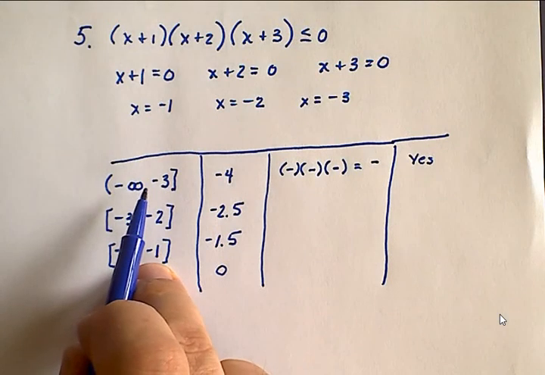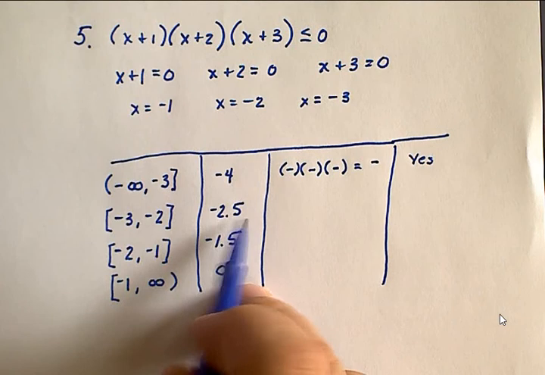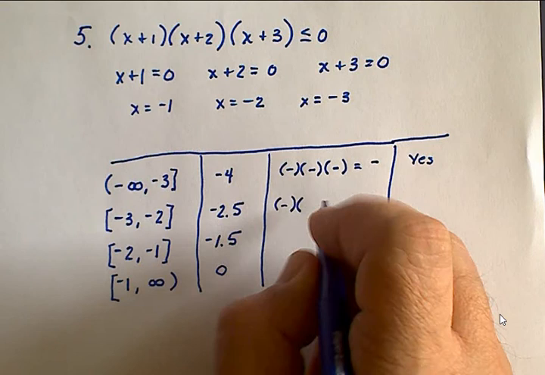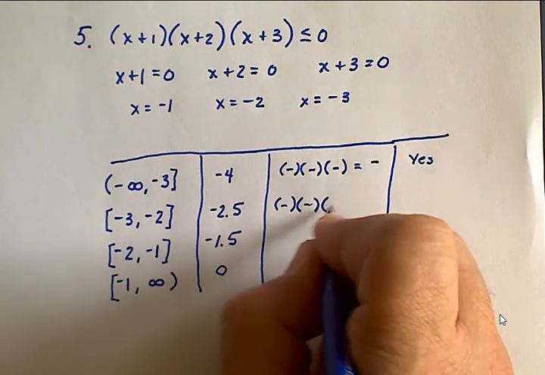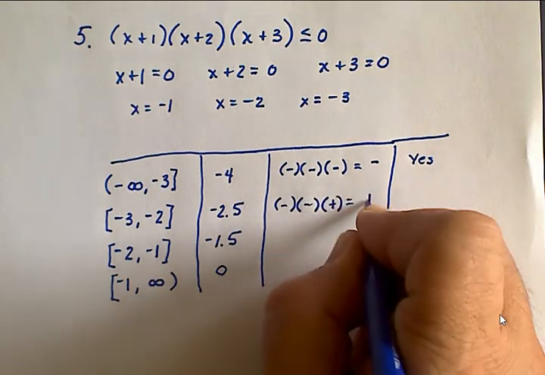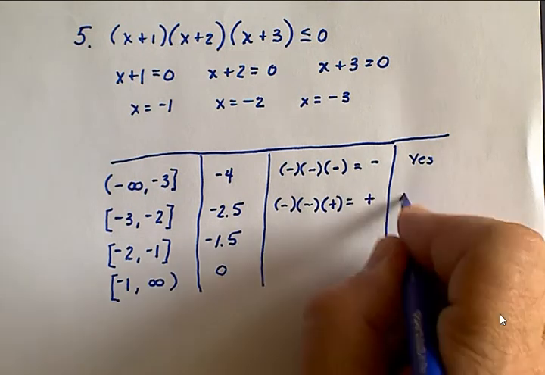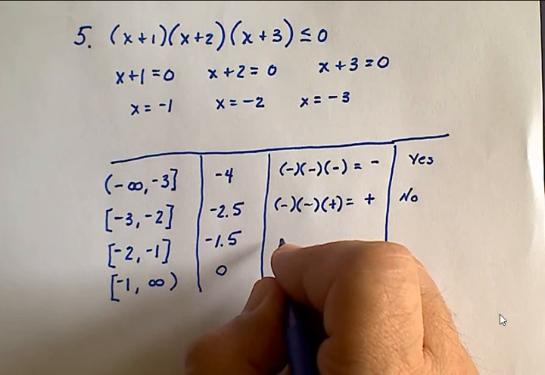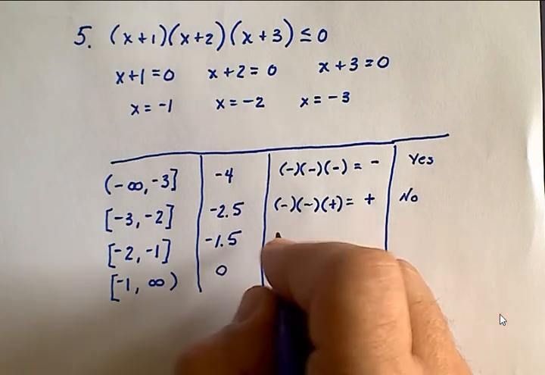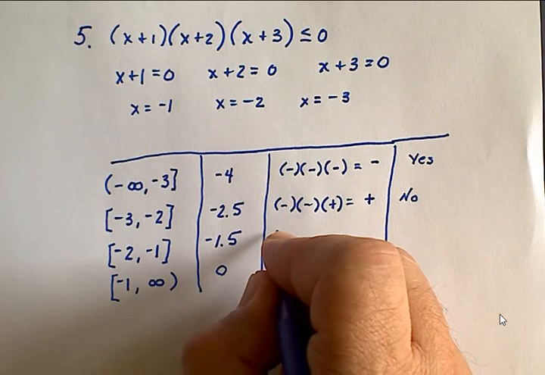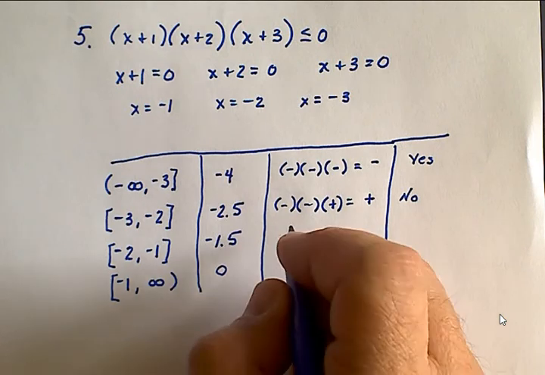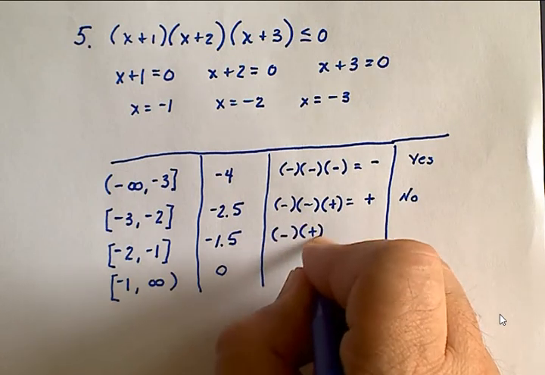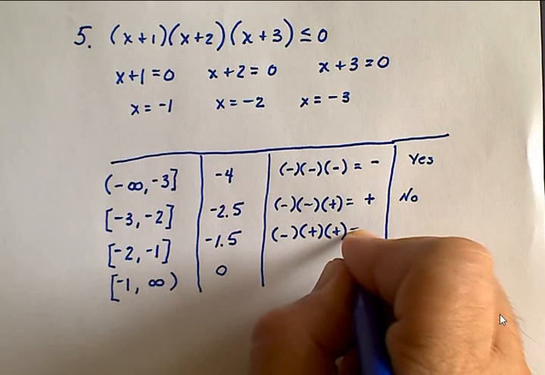Okay, when I do the 2.5, I get a negative, and a positive, which gives me a plus. I don't want positives. When I plug in here the negative 1.5, then this is negative, positive, and positive, which is negative.